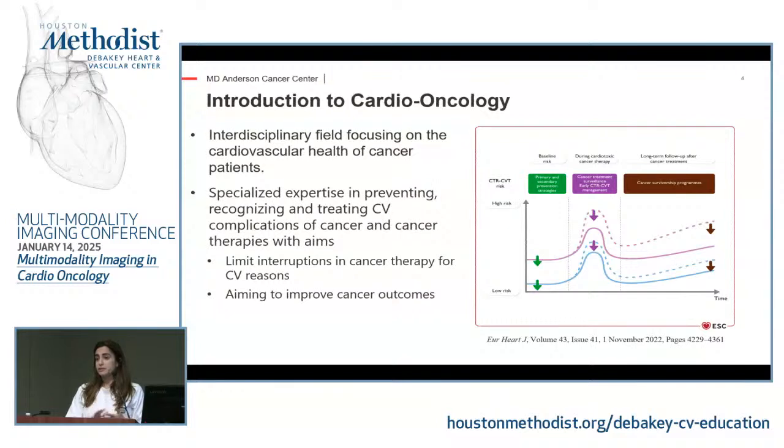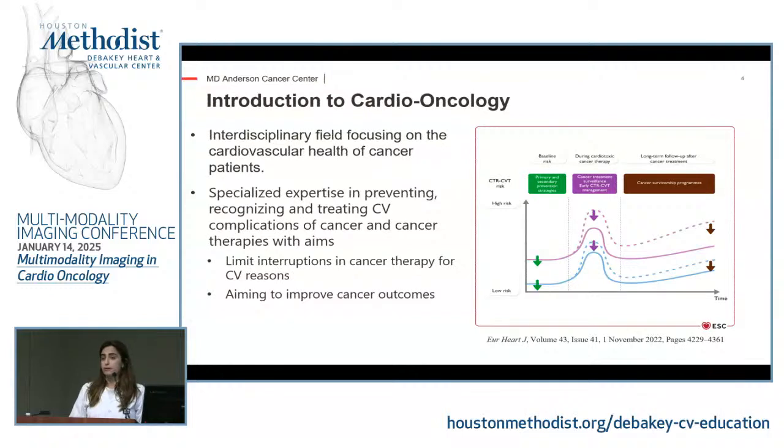The primary disease pathology is cancer, and cardiovascular adverse events can arise. But if we don't treat the beast, then cancer is going to survive. So the outcomes are really poor from a cardiovascular and a cancer perspective. So we really need to risk stratify our patients very early on from a cardiovascular health and fitness standpoint.